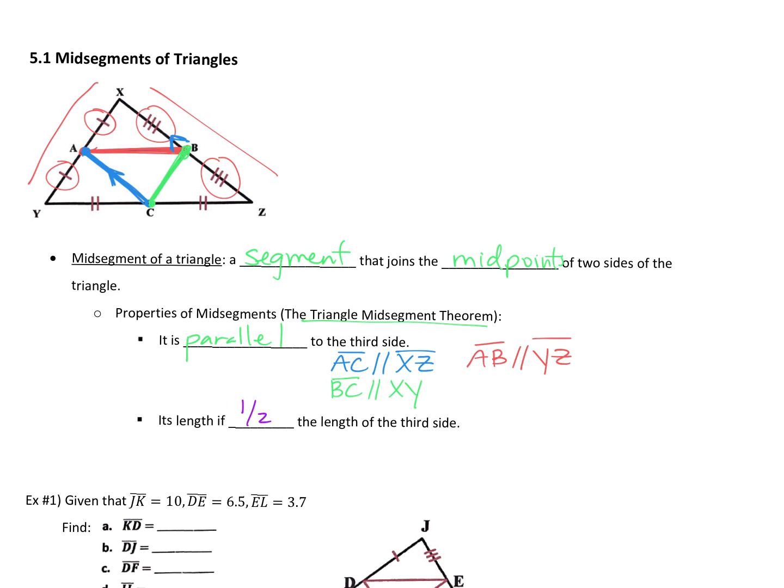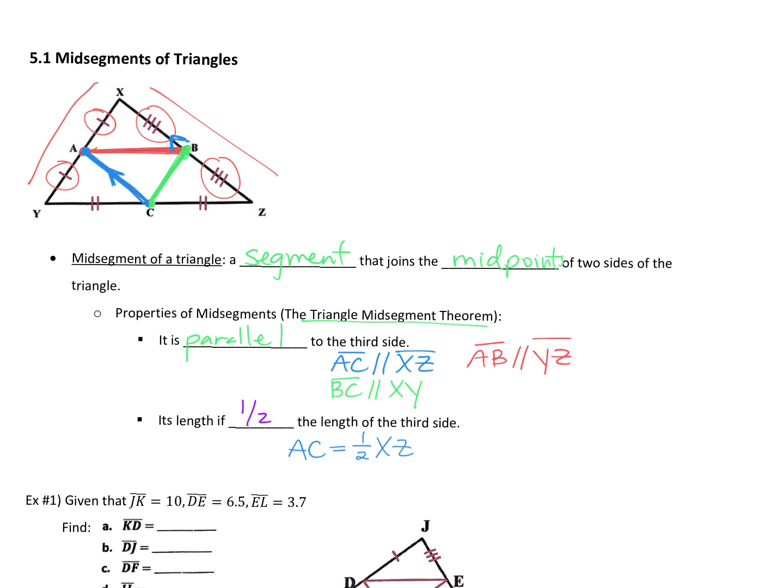For instance, we would say that AC is half of XZ. If we cut XZ in half, we would get the length of AC. And you can do that for all three sets of mid-segments in a triangle. The length of the mid-segment will always be half of the side across from it, the parallel side to it.